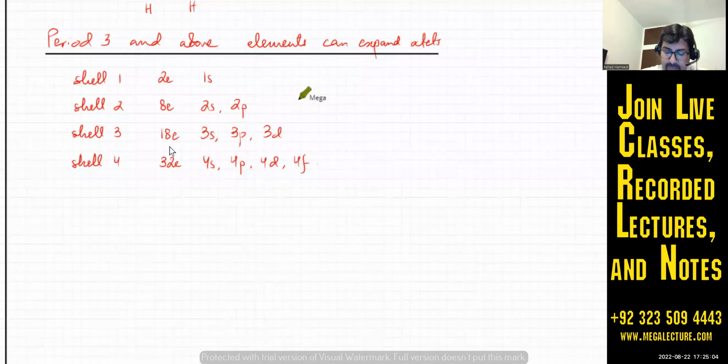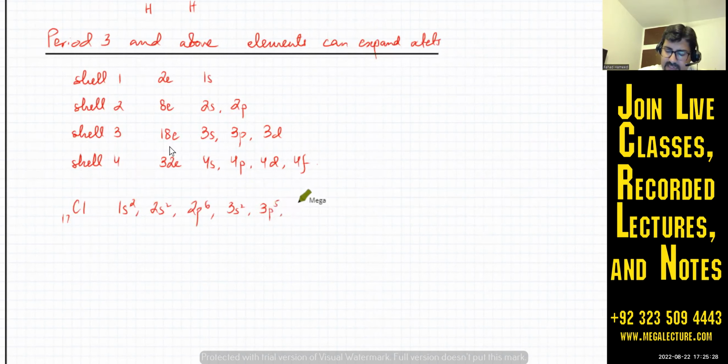And if I talk about chlorine, it has 17 electrons. So it's 1s2, 2s2, 2p6, and 3s2 and 3p5, sorry. And the third shell is kind of empty. The 3d is also empty. Remember, the third shell also has d.